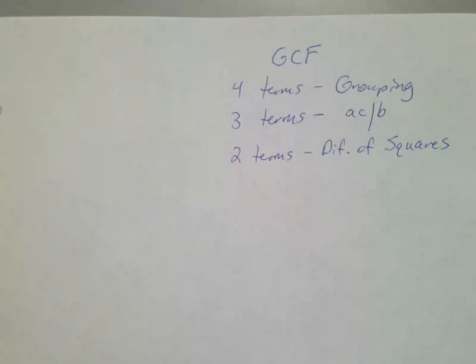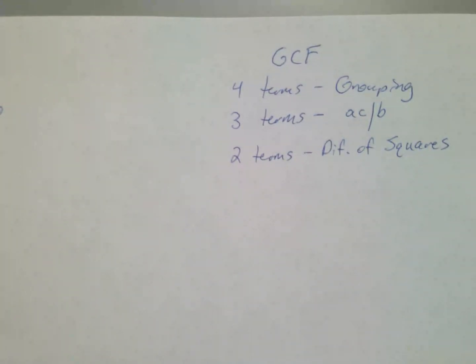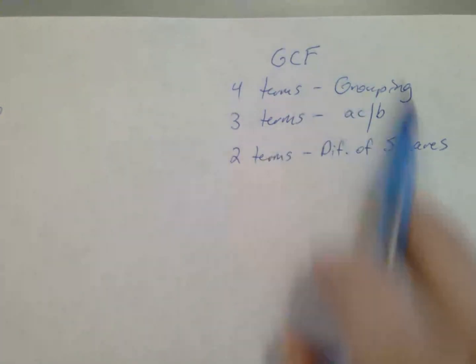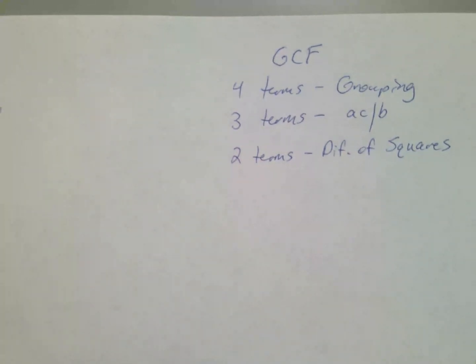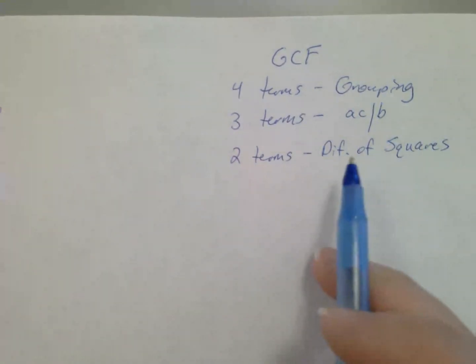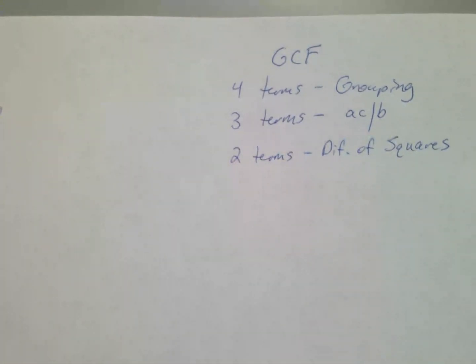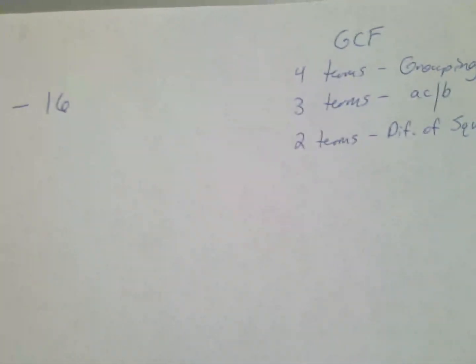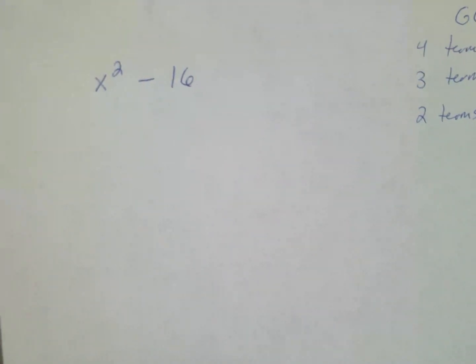Okay, and then that's pretty much going to wrap up the factoring section. Then we'll just do a combination, factoring using any and all of the above. And then we'll move into solving, where you still just factor and then you set everything equal to 0 to solve.